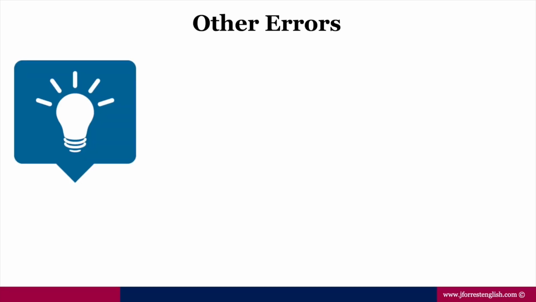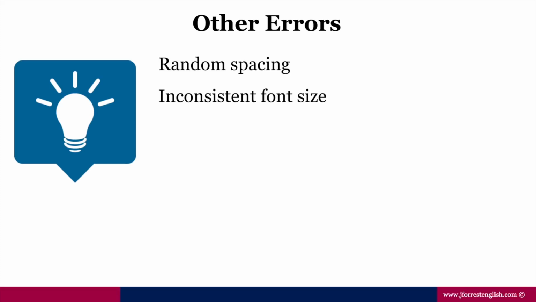Now let's take a look at some other errors that I see students make quite commonly. I see a lot of just random spacing that doesn't really seem to make much sense. Inconsistent font size. So sometimes I see the font just change in the email.